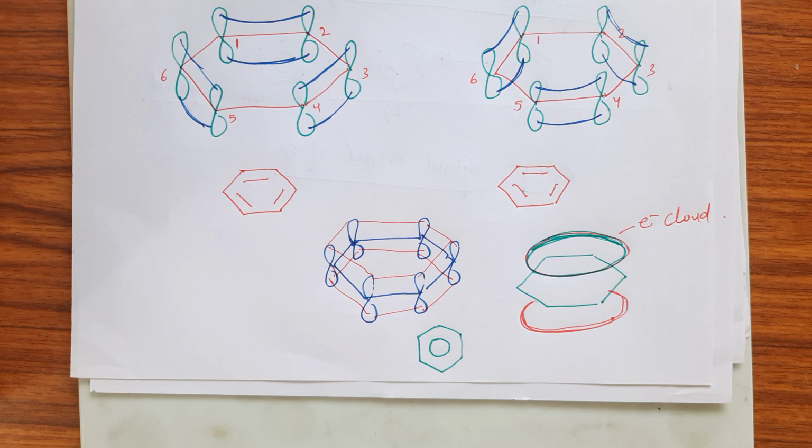So because of the presence of these delocalized pi electrons in benzene, it makes benzene more stable, right? Because there is more possibility of delocalization, it creates more stability. It gives more stability to the benzene ring.